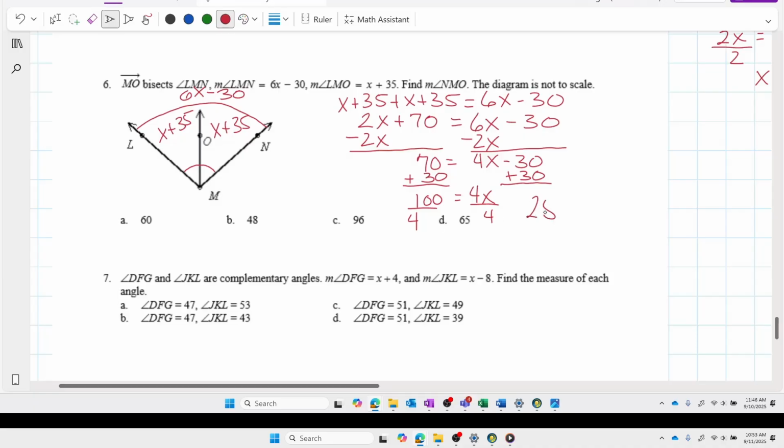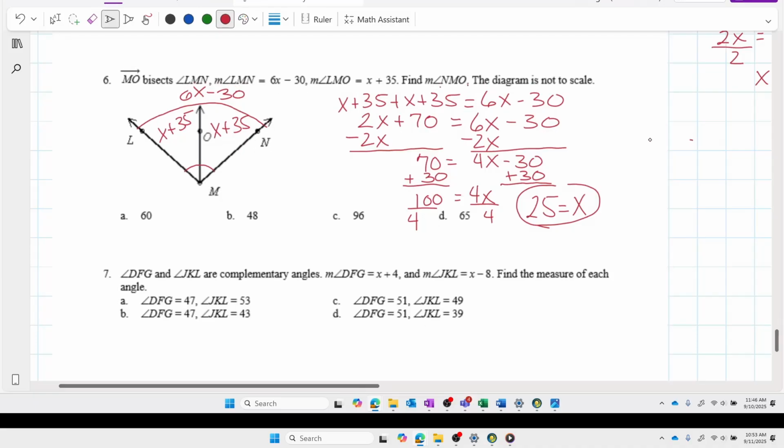So 25 is equal to x. And if we need NMO, it's right here. NMO is equal to 25 plus 35. That's 60 degrees.